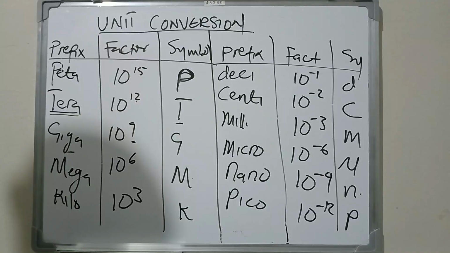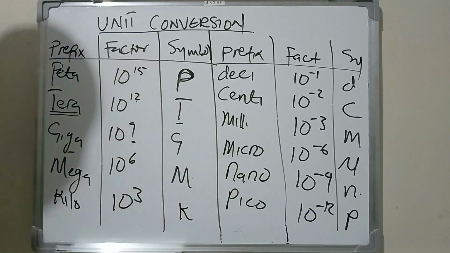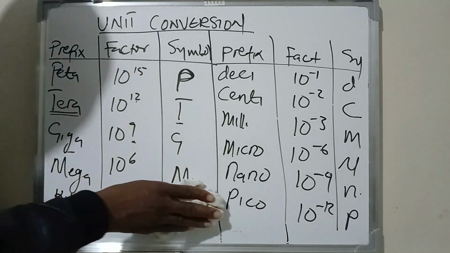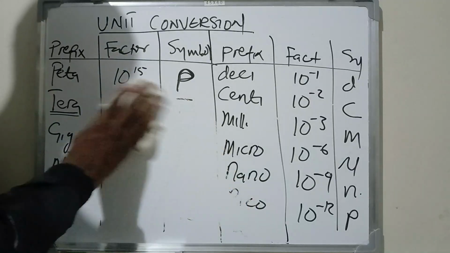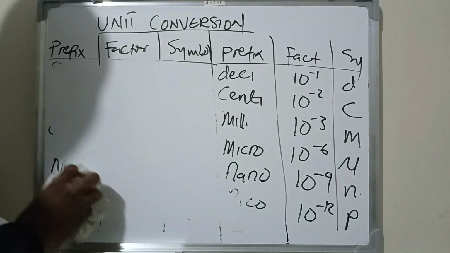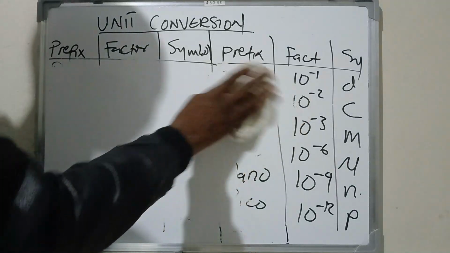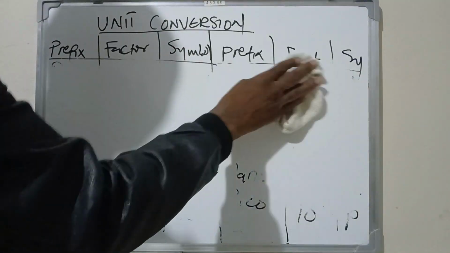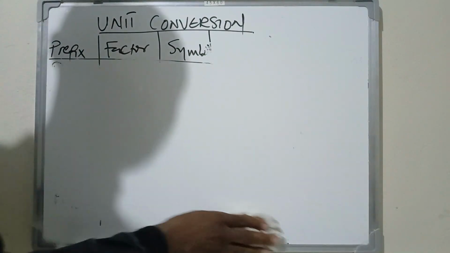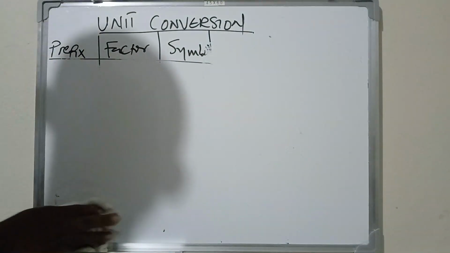Let's look at an example. I have got an example here from a past paper. The question says, copy and complete the table below. So I'm going to write the table so that we see.